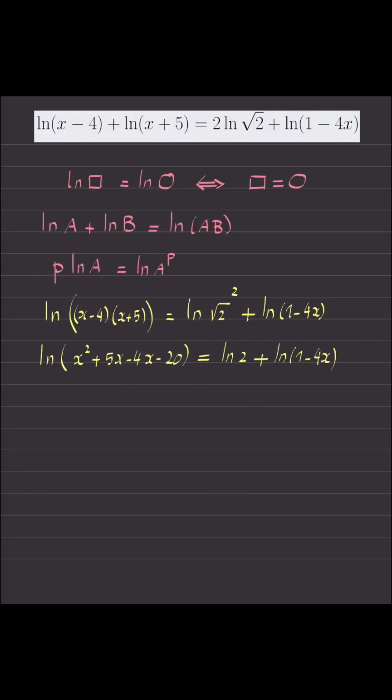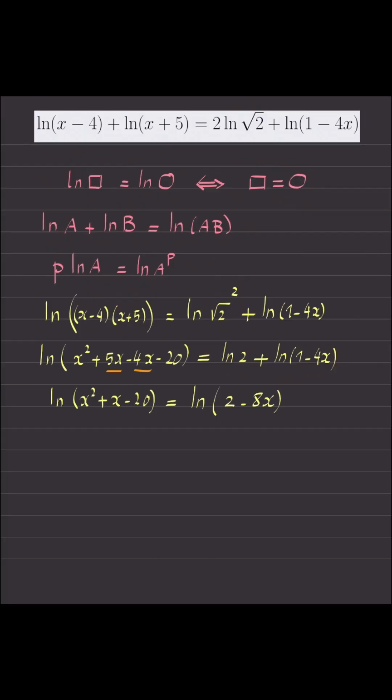On the left-hand side, these two terms simplify to positive x, so this becomes ln of x squared plus x minus 20. On the right-hand side, I use the same formula, giving the role of A to the number 2 and the role of B to the expression 1 - 4x, so I multiply this by that, and it becomes simply 2 - 8x.